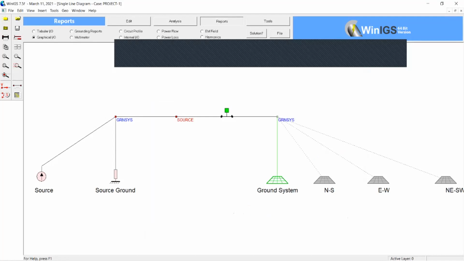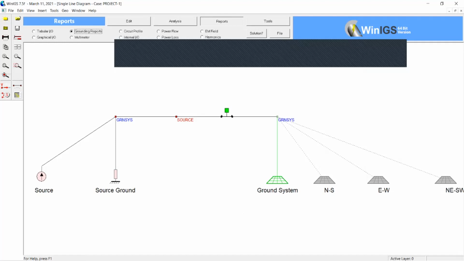Now click on this grounding report. See here, it says grounding report. Select this one, grounding report. Everyone please select it, and then click on this grounding system again. This main grounding system.